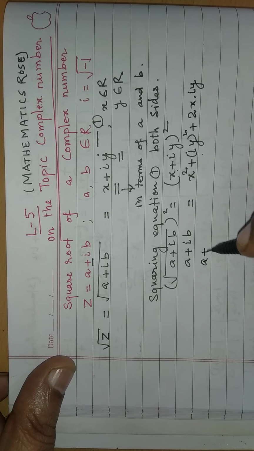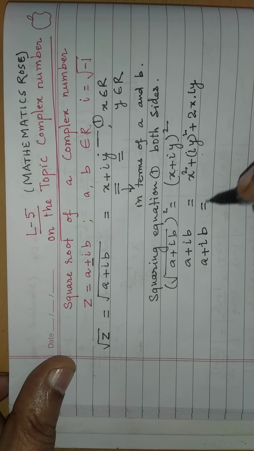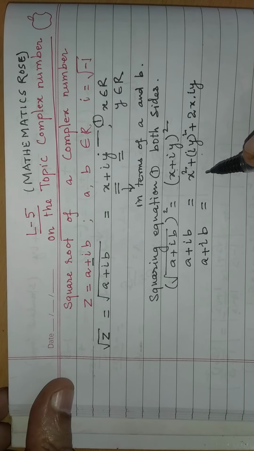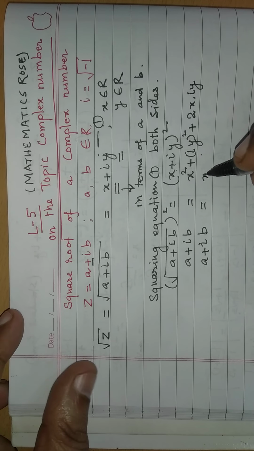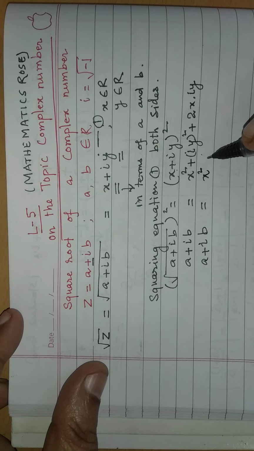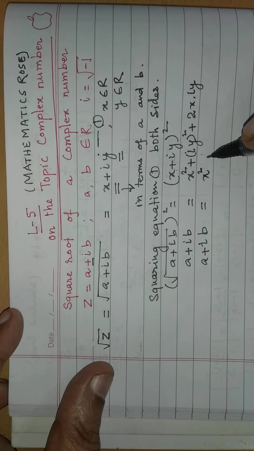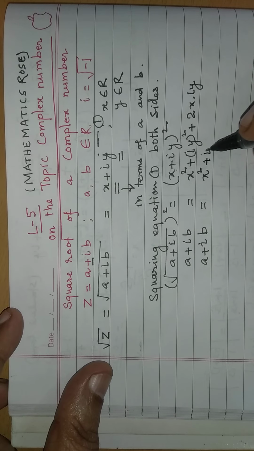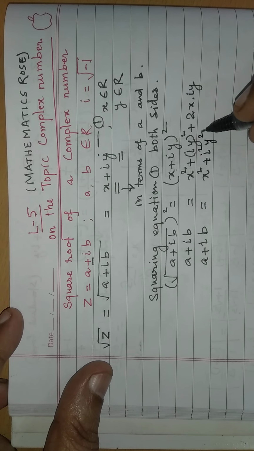So a plus ib is equal to x square plus i square y square plus 2xy into iota. I am generally telling iota by i, small i, and it is iota.